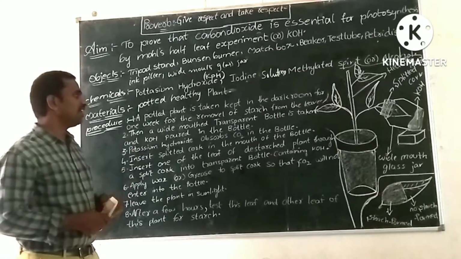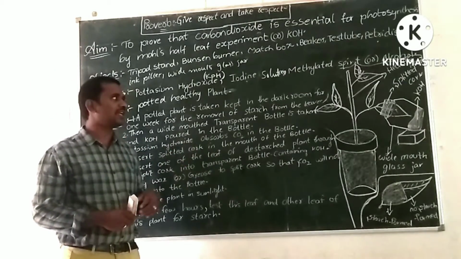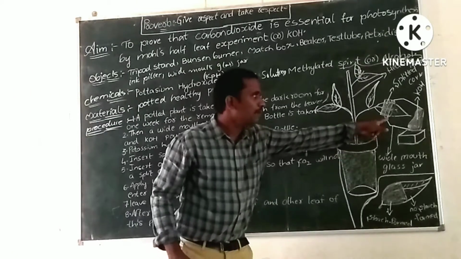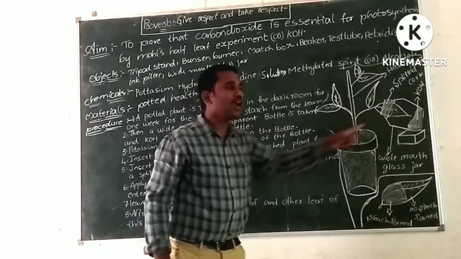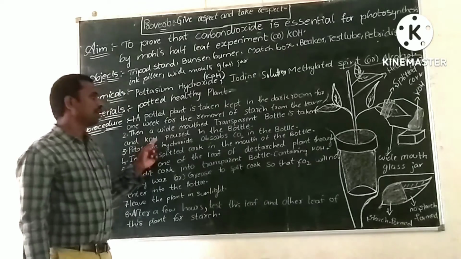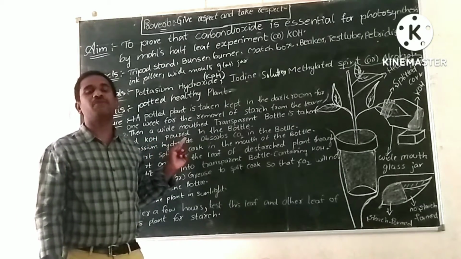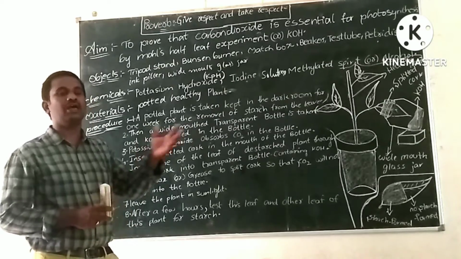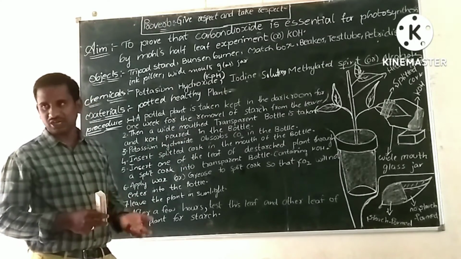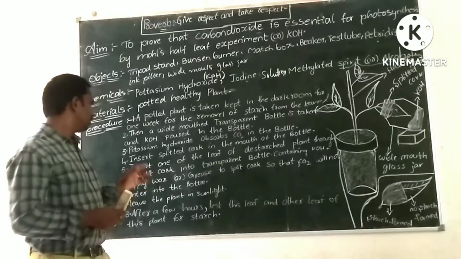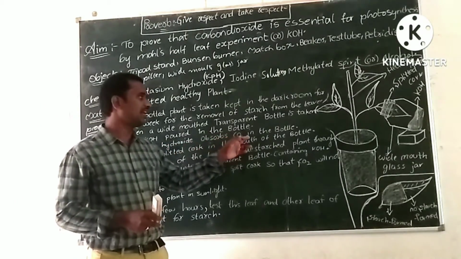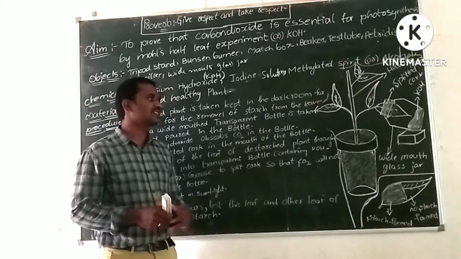Next, a wide mouth transparent bottle is taken, and we pour some amount of KOH solution, potassium hydroxide solution, into that wide mouth glass jar. Potassium hydroxide absorbs the carbon dioxide in the bottle.